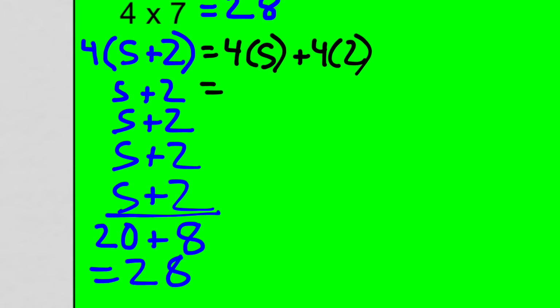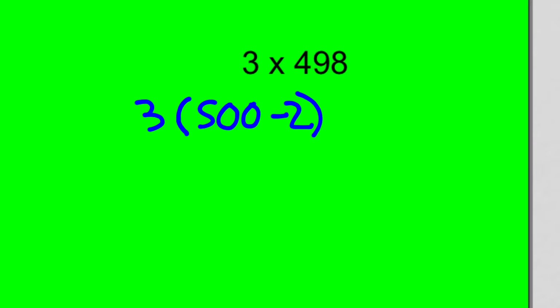And that's equal to 20 plus 8, which is equal to 28. All right? So the distributive property says I can take a number, break it into its parts, multiply by those parts, and I'll still get the same answer.